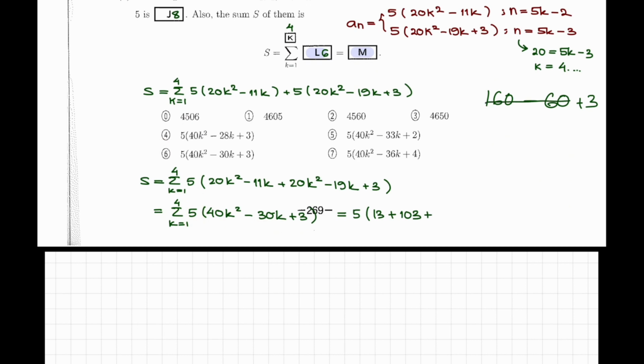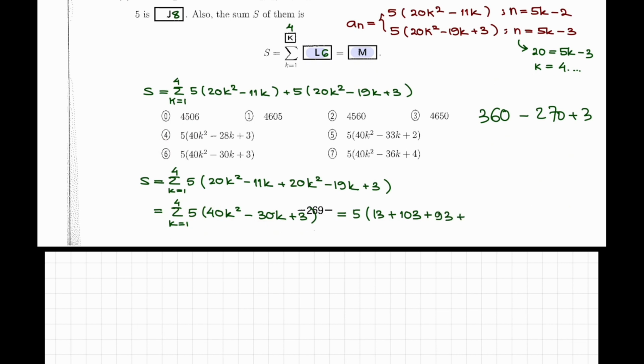And then for the third term, we substitute k by 3. 3 square is 9. 9 times 40 is 360 minus 270 plus 3. Then you will get 93, I think.